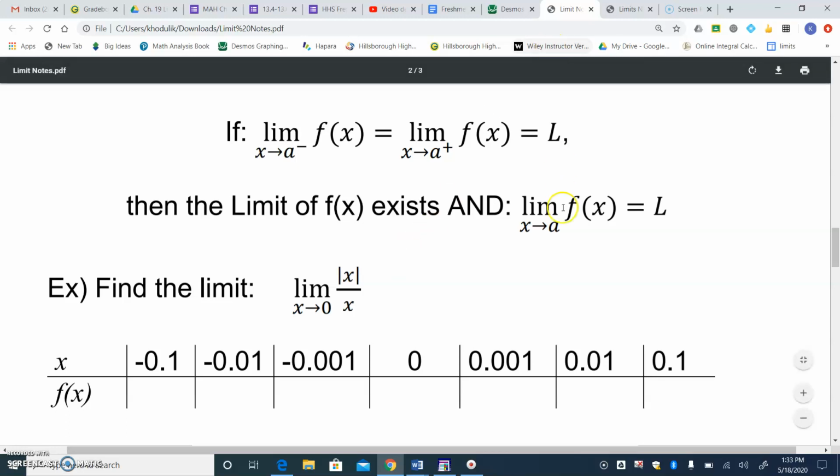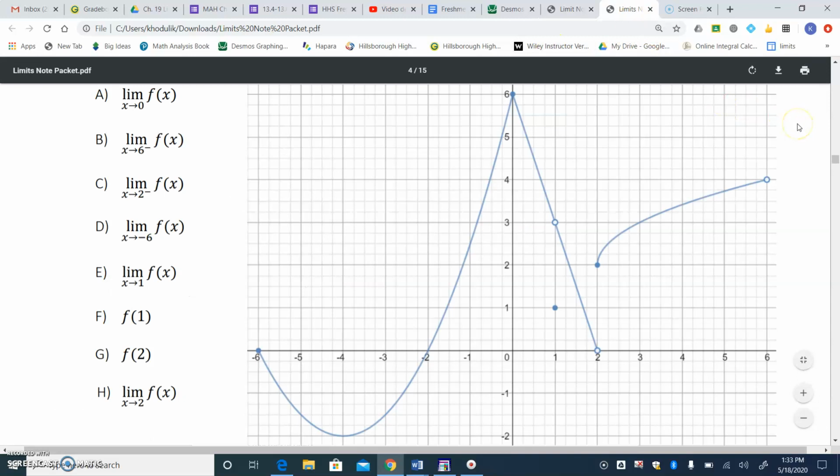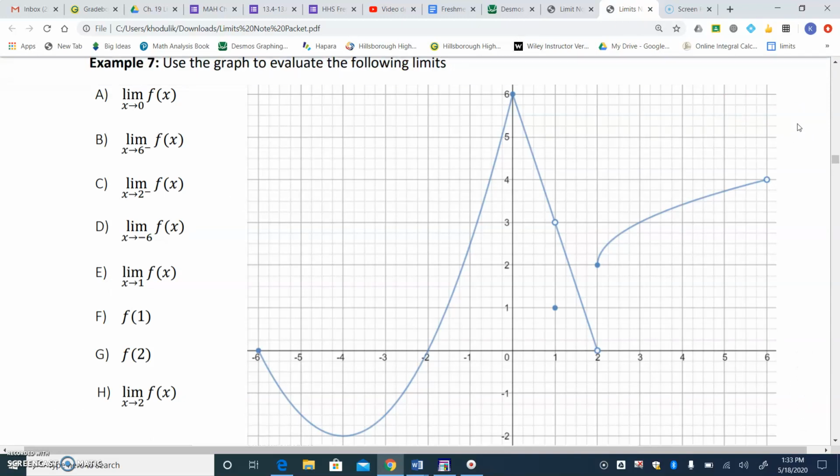So let's see one last quick graphical example. Here is a graph. This is my function f of x, okay? So I'm going to ignore the a through f to the left side here because I'm going to try and keep this example pretty short. But I'm looking at the x coordinate 1, okay, right here.